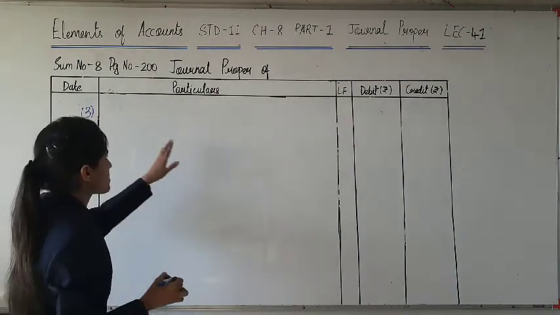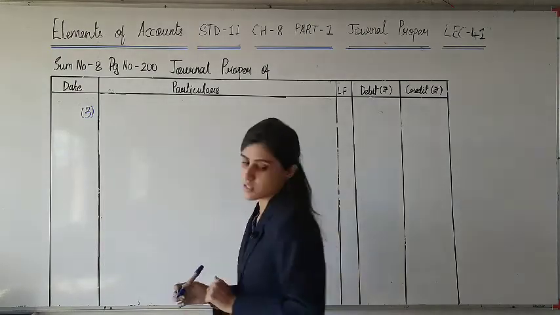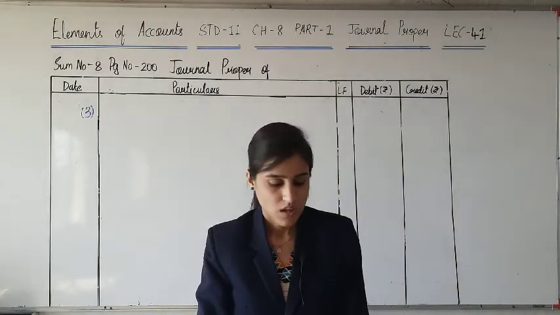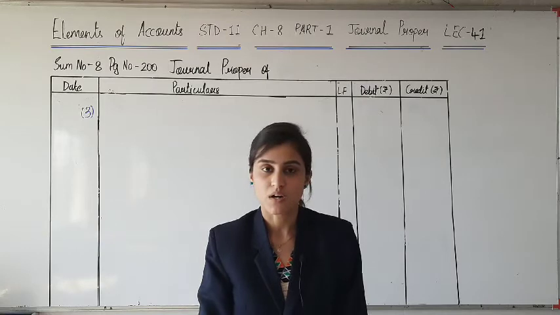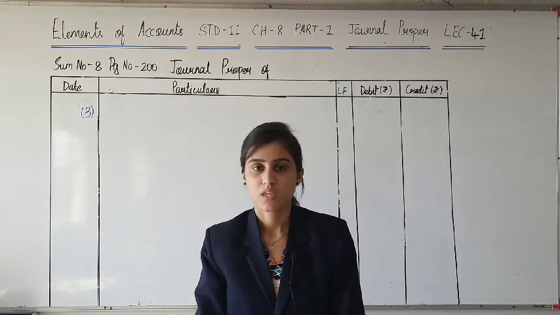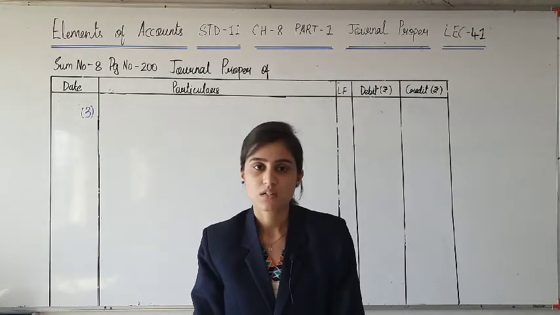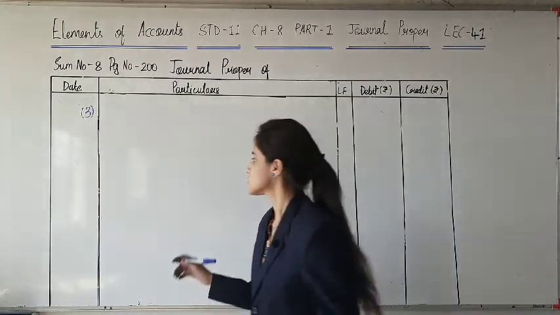We are supposed to write down the rectification entry, but let us understand the explanation. 800 paid to Sharma. What is the journal entry? Sharma account debit to cash. Yes?